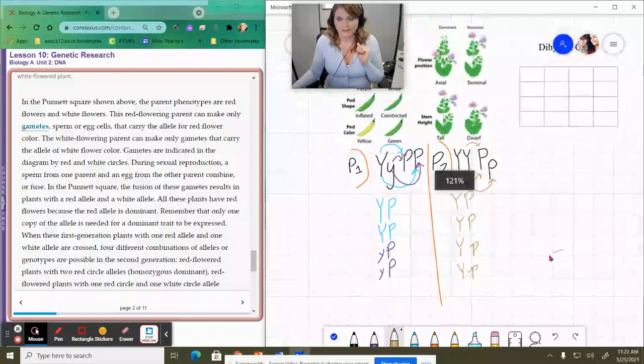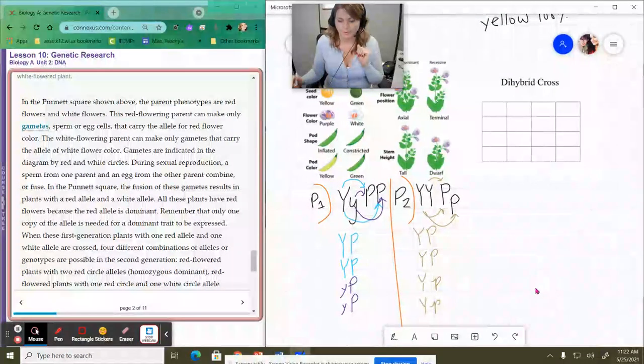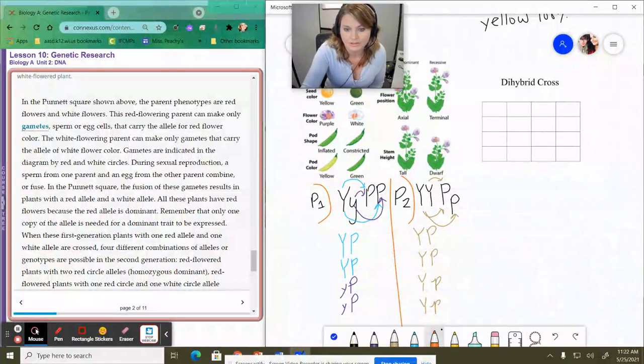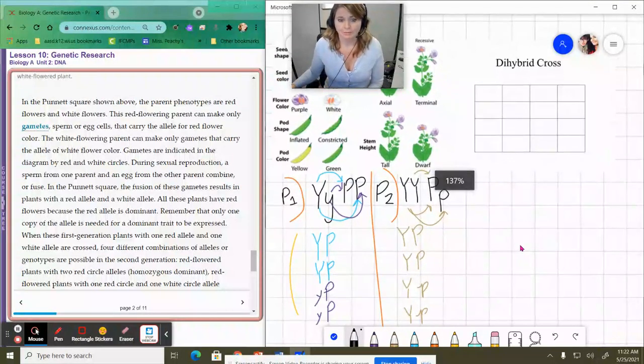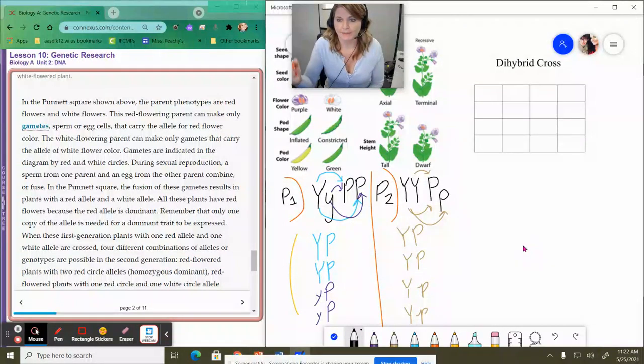All right. So zooming on out here, I'm going to place the combinations on the top and the side. So all the combinations for this parent here, we're going to put on the top. And I'll use a different color. I might zoom in because I don't know if I can draw this well. So big Y, big P, big Y, big P. All right, let's see if I can do this.